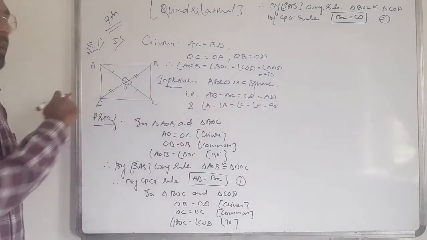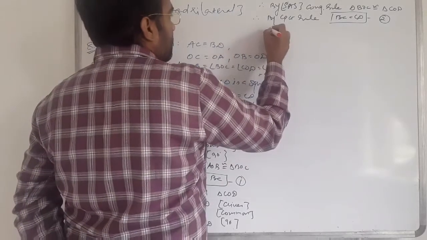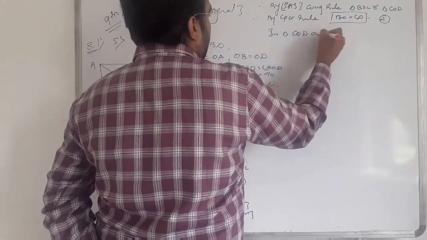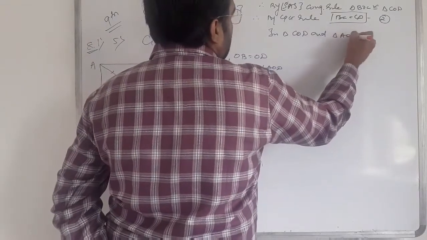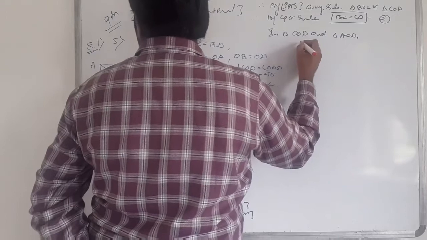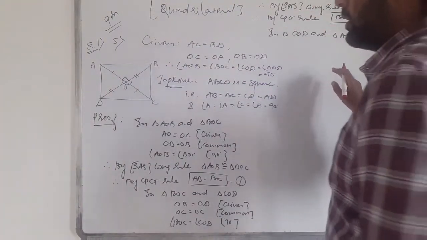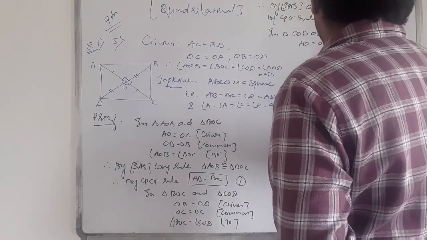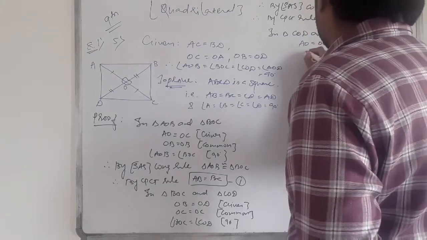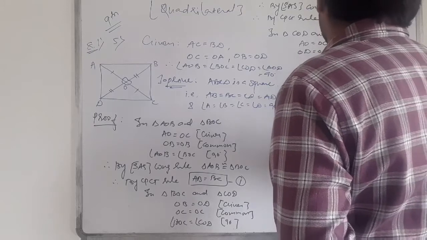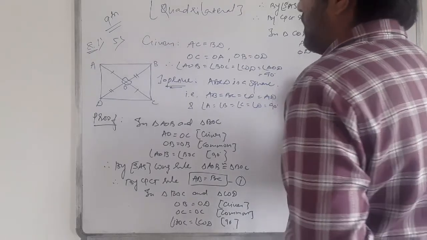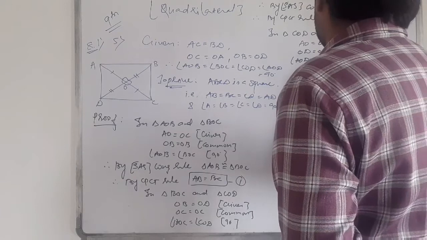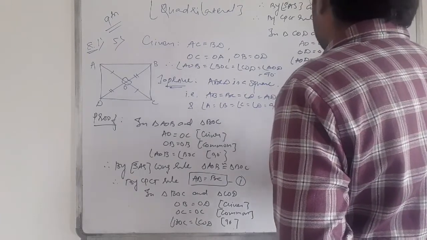Now we take triangles COD and AOD. In triangle COD and triangle AOD, AO equals OC, which is given, OD is common in both of them, and angle AOD equals angle COD, both 90 degrees.